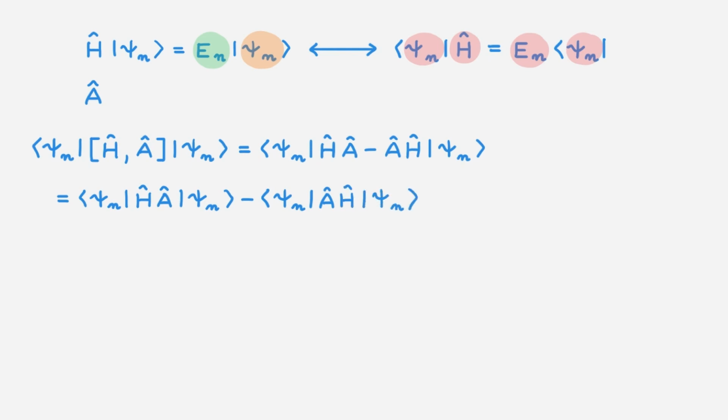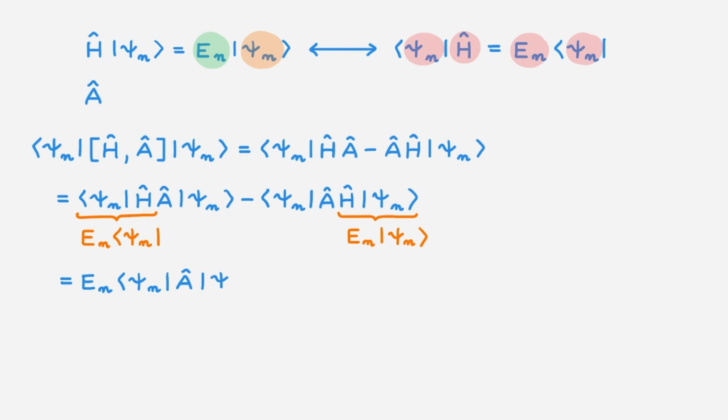Using the eigenvalue equation in the dual space, we can now rewrite this term as the energy eigenvalue times the eigenbra. And using the eigenvalue equation in state space, we can write this term as the energy eigenvalue times the eigenket. We can take the energy eigenvalues outside the expectation value to get this term minus this term. It is now clear that this expression vanishes.